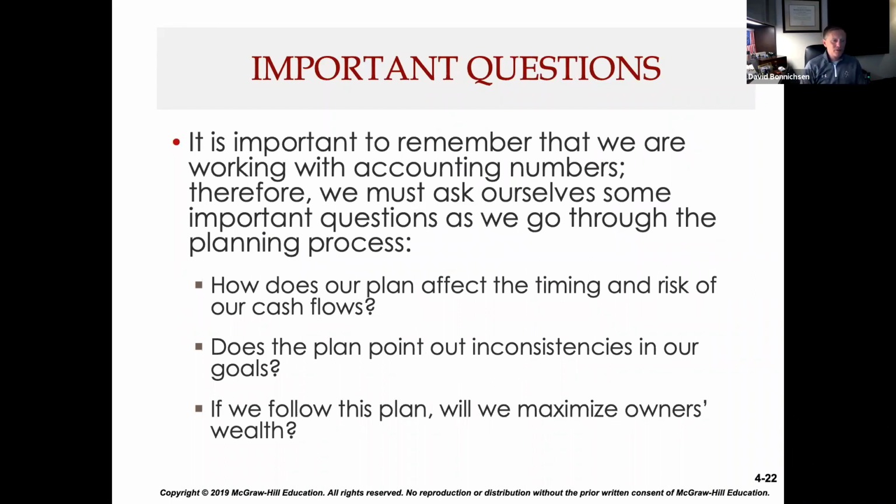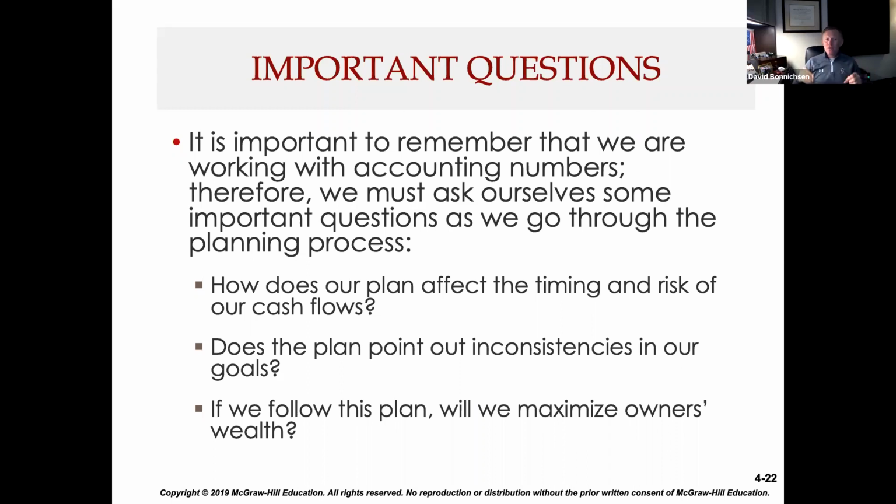So when we think about some important things that we ought to be asking ourselves as we go through this budgeting process, we're dealing with accounting numbers, and that's fine. Those are the numbers that we start with. But that doesn't mean that the accounting numbers are going to work with some of the assumptions that we're going to be making for the next 3, 5, 10 years.